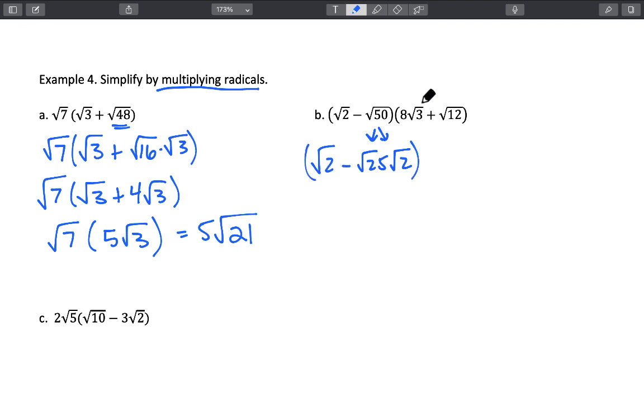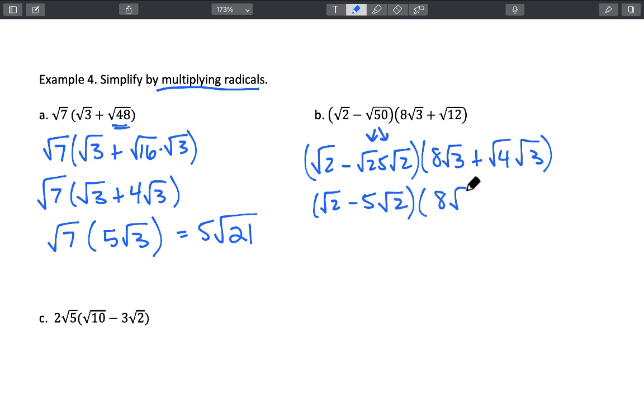All right, and then 8 root 3, I can't break that down anymore, but the square root of 12 I can break down to the square root of 4 times the square root of 3. So simplifying one step further, I've got the root 2 minus 5 root 2, and then I have 8 root 3 plus 2 root 3.